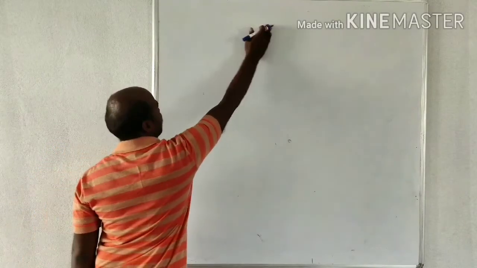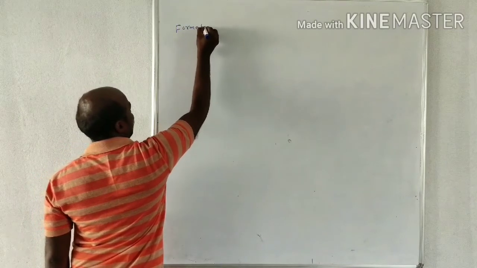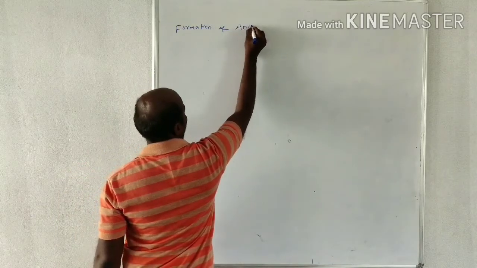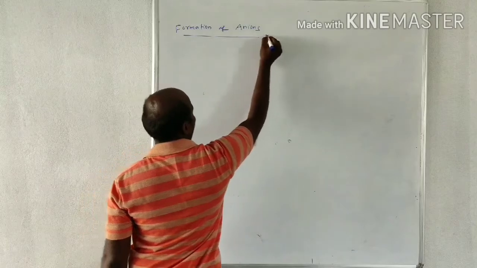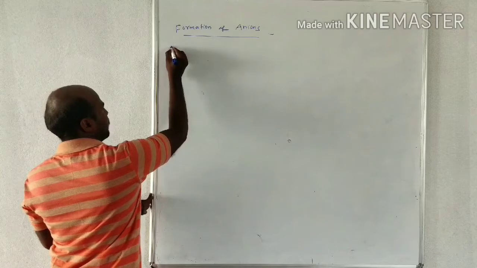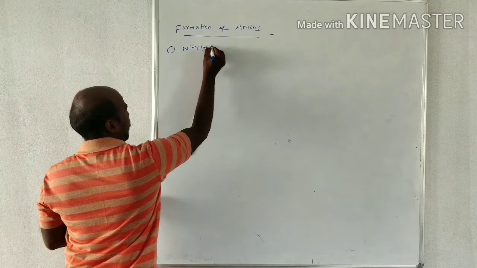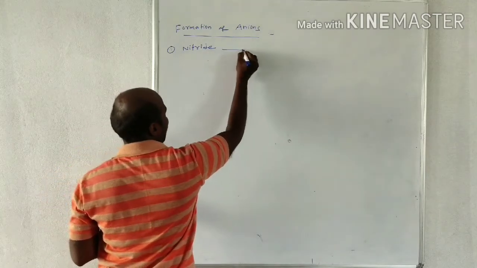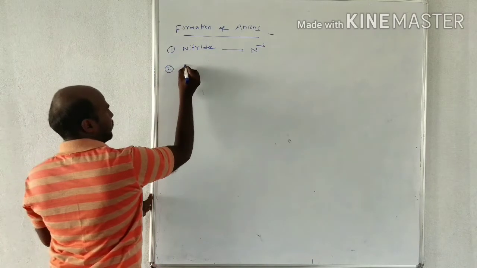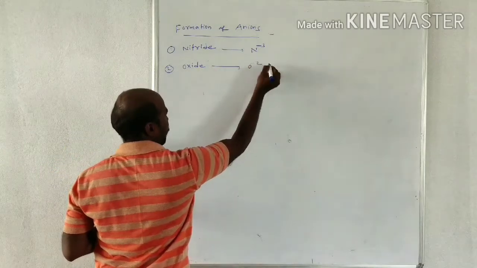Formation of anions. The first one is nitride, N minus 3. Oxide, O minus 2.